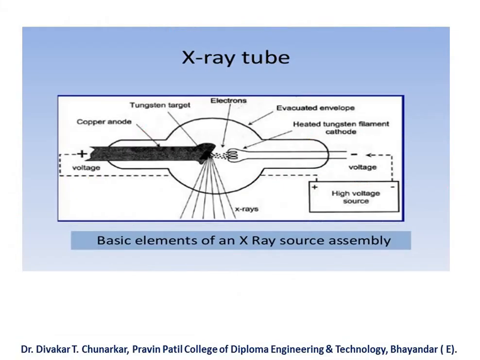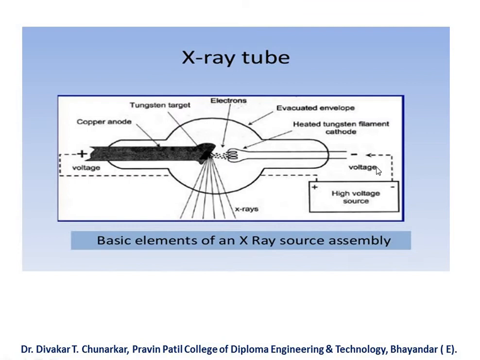So students, this is the X-ray tube diagram. This is the tube. Here are the electrons and the target T. This is the copper plate. This is the tungsten filament, the evacuated envelope, and the heated tungsten filament cathode.